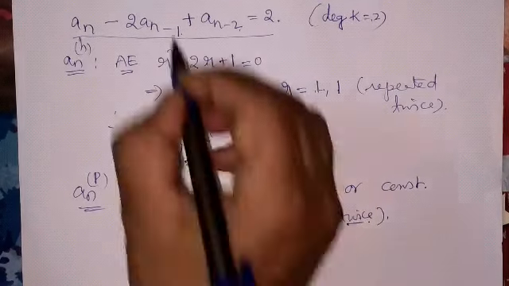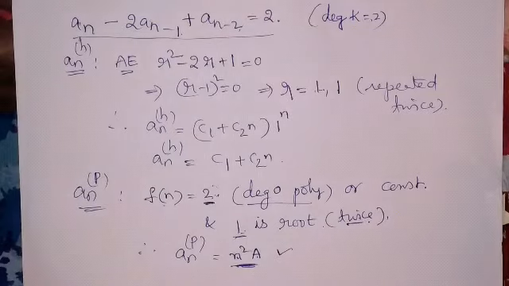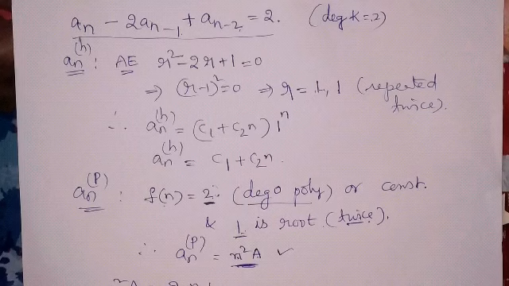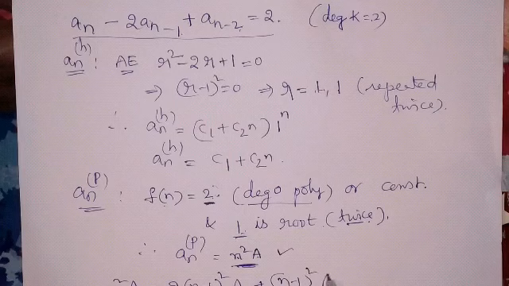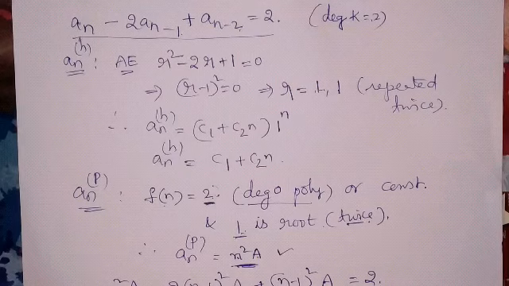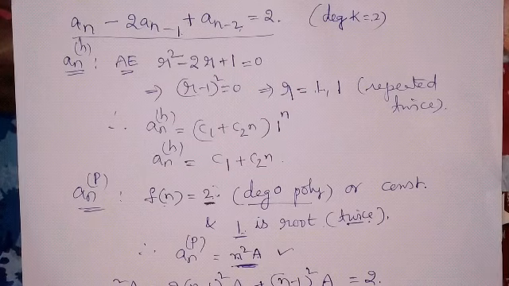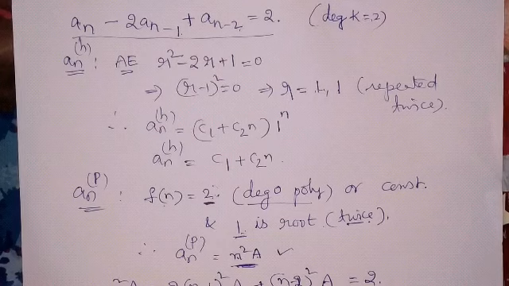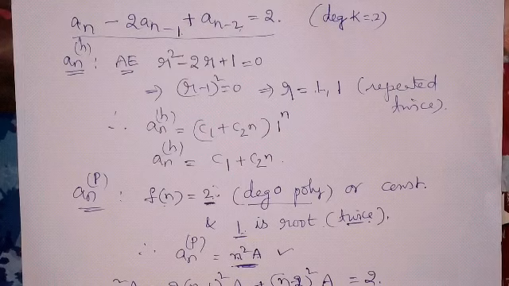Now this has to be placed in the given problem. So a_n becomes n square into a, minus 2 into a_(n-1), which is (n minus 1) whole square into a, plus a_(n-2), which is (n minus 2) whole square into a, is equal to 2. When we simplify this, we have n square a minus 2 a times (n square minus 2n plus 1) plus a times (n square minus 4n plus 4) is equal to 2.